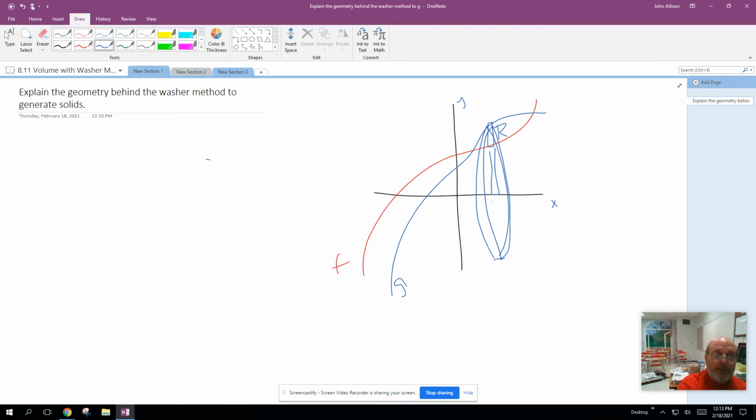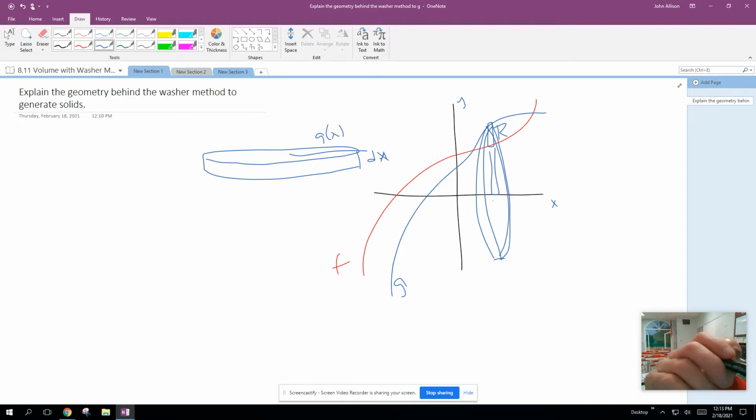If we took that disk out, then we had a radius that was g of x units, and the height was dx. But now we're only revolving part of that region around.